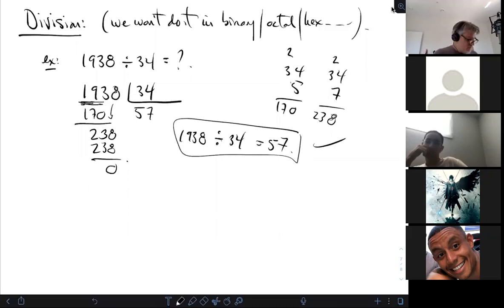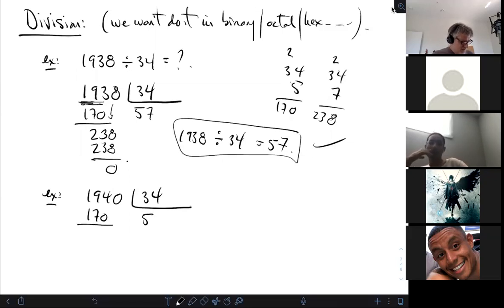So no fractions, we're happy. But let's say I change it and I ask 1940 divided by 34. Of course it's going to be exactly the same procedure. So I'll just copy down. So here I get 170.